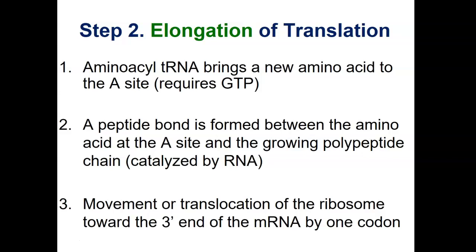Once that happens, a peptide bond is going to be formed between the P site and the A site. The amino acid that was in the P site, which for the very first amino acid is going to be a methionine, gets transferred to the amino acid that's currently in the A site, and now we have our growing polypeptide chain.